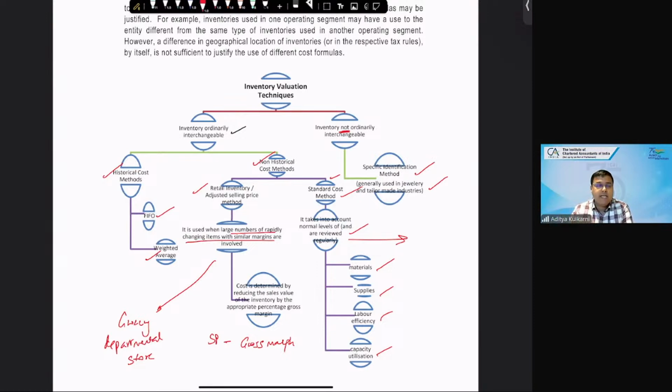If it is ordinary interchangeable, historical method, non-historical. Historical, you have FIFO and weighted average. LIFO is not acceptable under Ind AS 2. If it is non-historical cost, you can follow the adjusted retail selling price margin method, or you can follow the other one, that is the standard cost method.